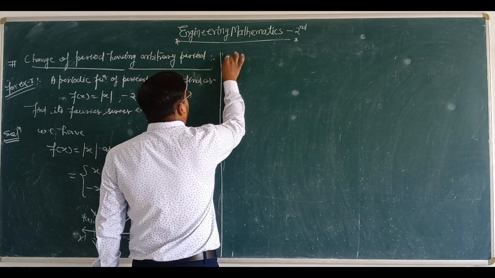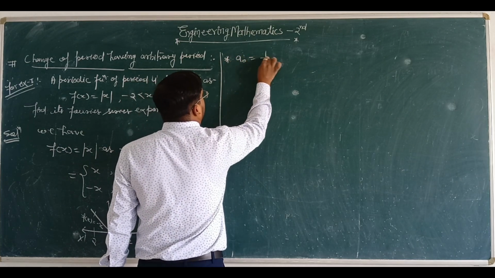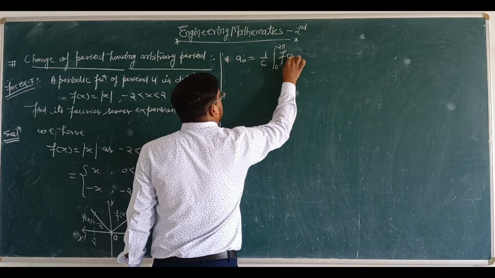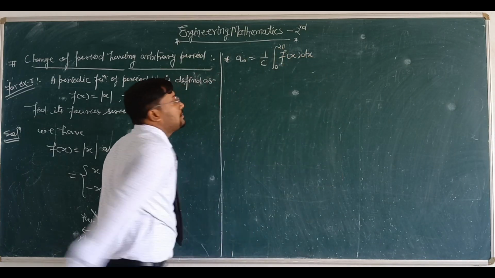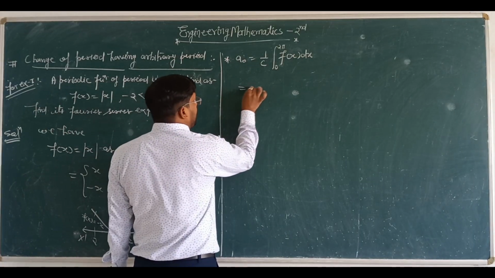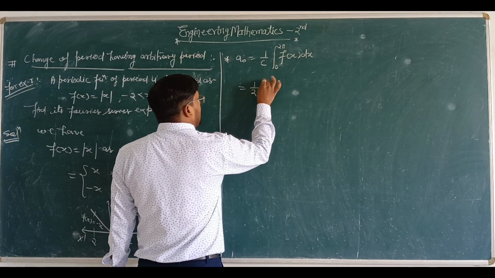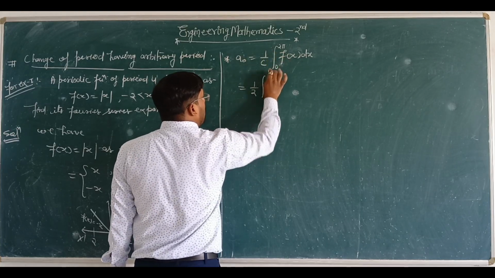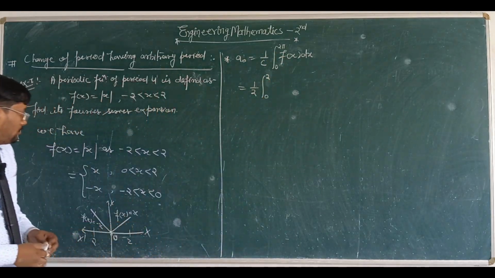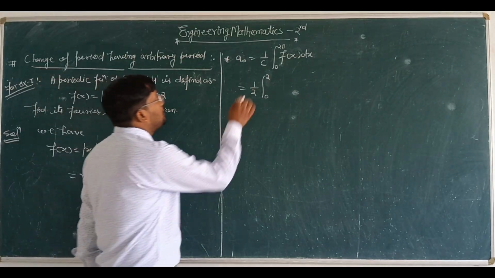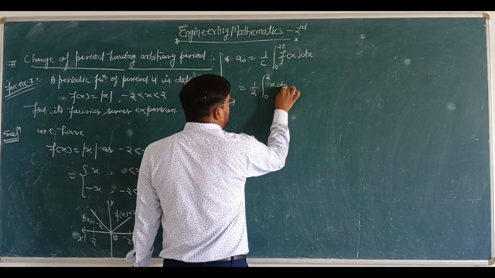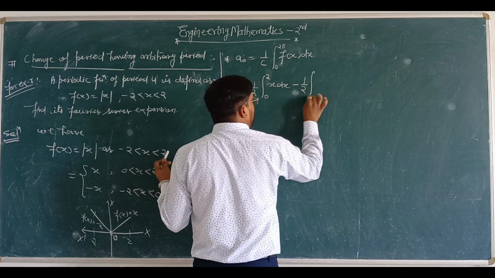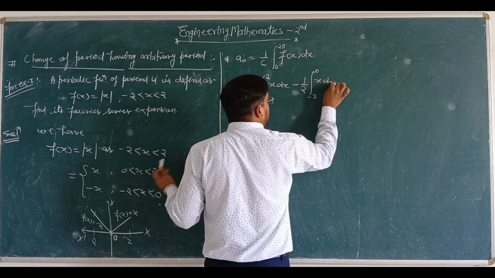Now first of all find the value of a naught is equal to 1 upon c integration 0 to 2 c f(x) dx. Now put this value, you can write 1 upon 2 integration 0 to 2 x dx minus 1 upon 2, put the value of f(x) is minus x, you can write minus 2 to 0 x into dx.